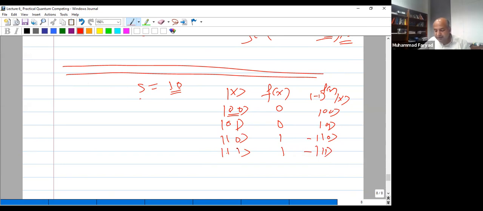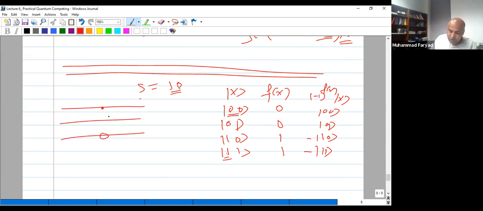So I now need a circuit that transforms 0, 0 to 0, 0, 0, 1 to 0, 1, but 1, 0 and 1, 1 should go to 1, 0 and 1, 1 with negative sign. This tells me that there's a control over this first qubit. This circuit turns out to be the same thing that we just discussed in the beginning, so this is the one that will implement this phase oracle with this bit string.